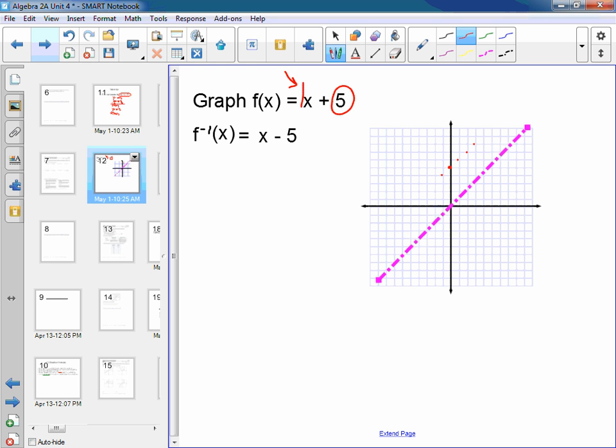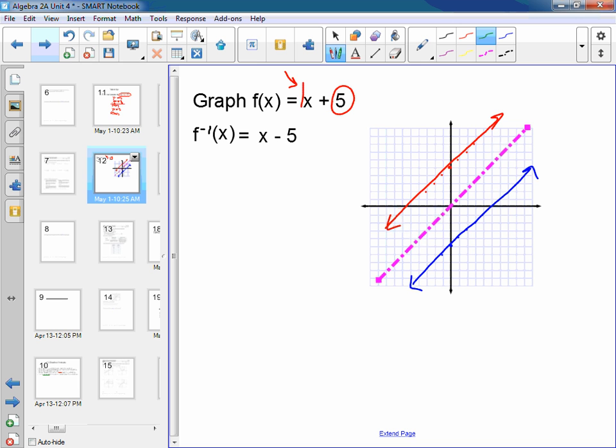So there's my first function. And then if we graph the inverse of that, our y-intercept is negative 5. 1, 2, 3, 4, 5. And the slope is 1.